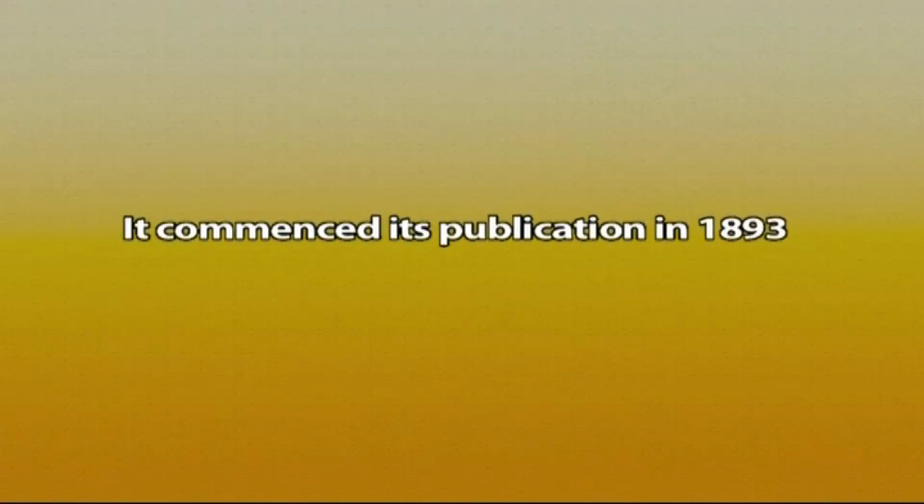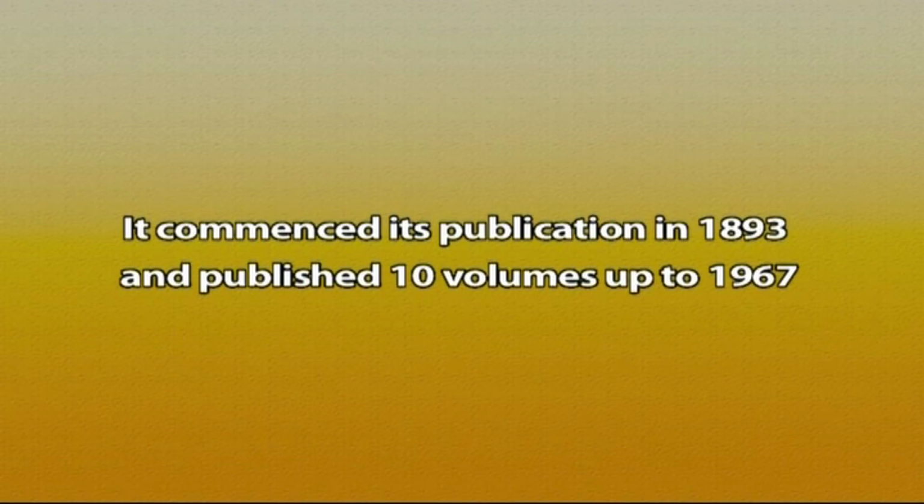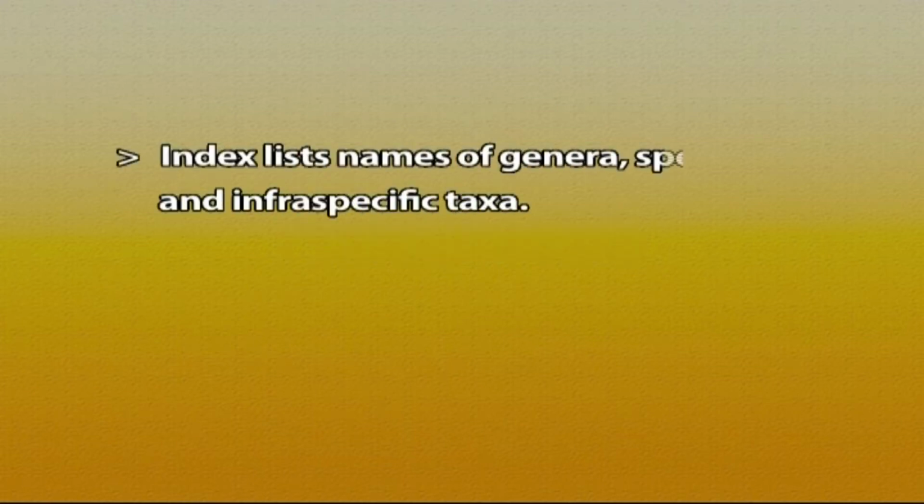It commenced its publication in the year 1893 and published 10 volumes up to the 1967. A 2-volume supplement covering the literature from 1967 to 1977 was published by Hall in the year 1978. The Gray Index lists names of genera, species, and infraspecific taxa.